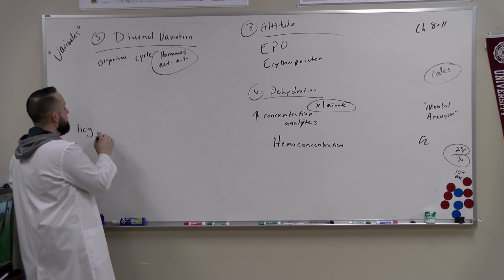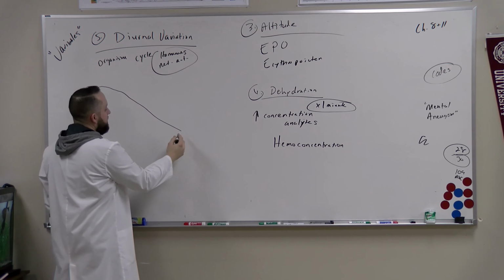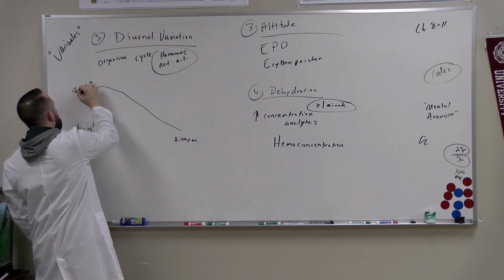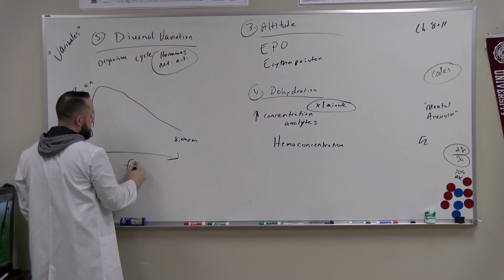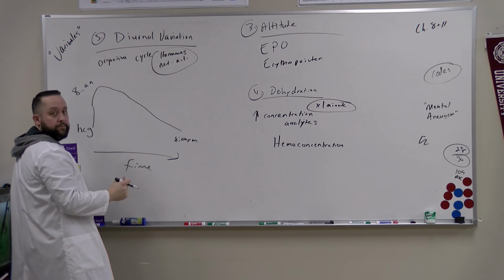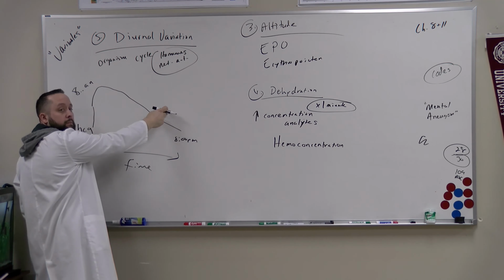Human chorionic growth hormone is higher in the morning, and then it decreases at night. This might be 8 a.m., okay? And so the graph of time, that's what it's going to look like. So you want to sample then, not here. That would be waking hours or early in the morning.